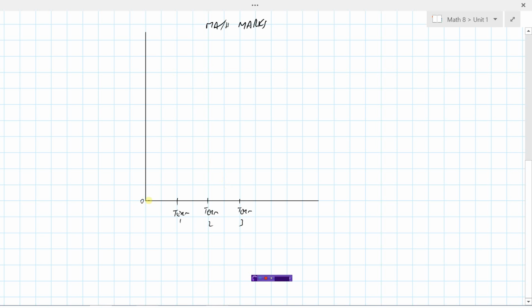So right here is 0%, but instead of going 10, 20, 30, 40, 50, 60, 70, 80, 90, 100, I'm going to chop this axis off. So I'm going to do a little squiggle line here to indicate that I don't really have any information down here. My information kind of starts around 80, and then 81, 82, 83, 84. So this is my percent here.